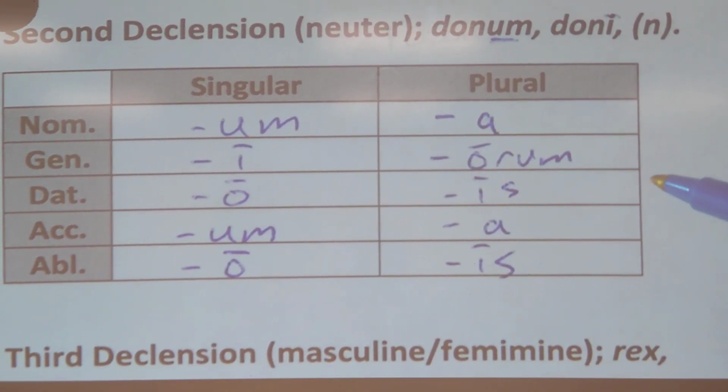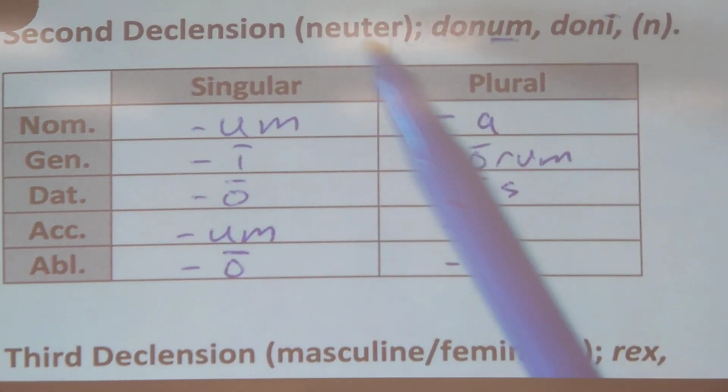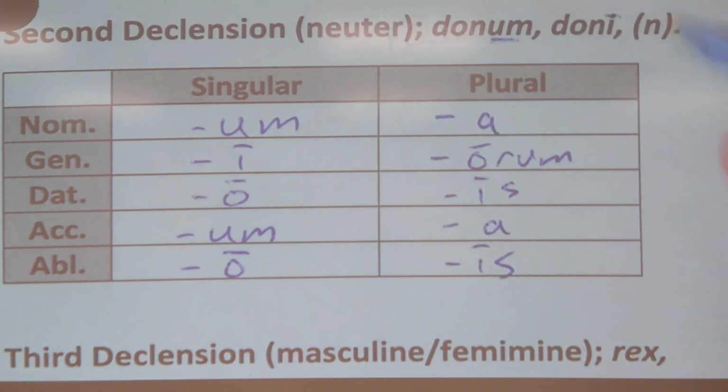Something I want to draw your attention to, because this is the first neuter noun that we've seen. There's a rule in Latin where whenever you have a neuter noun or an adjective describing a neuter noun, whatever you have in the nominative, you also have in the accusative.